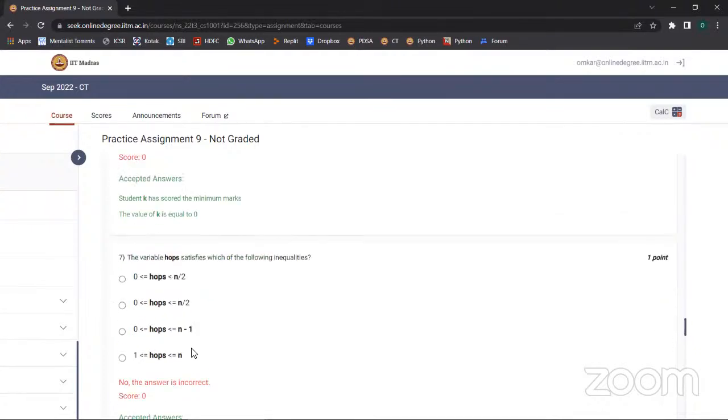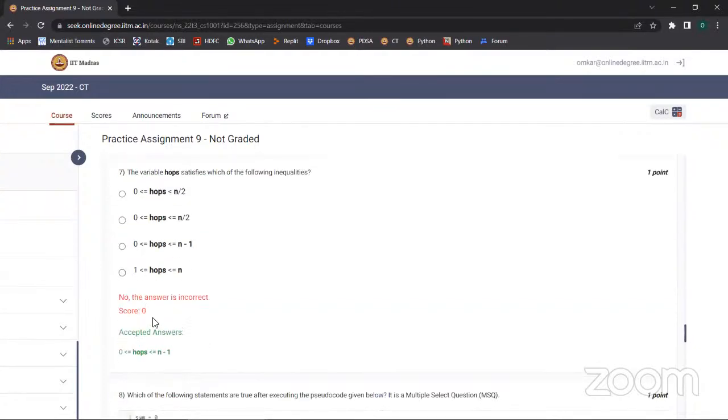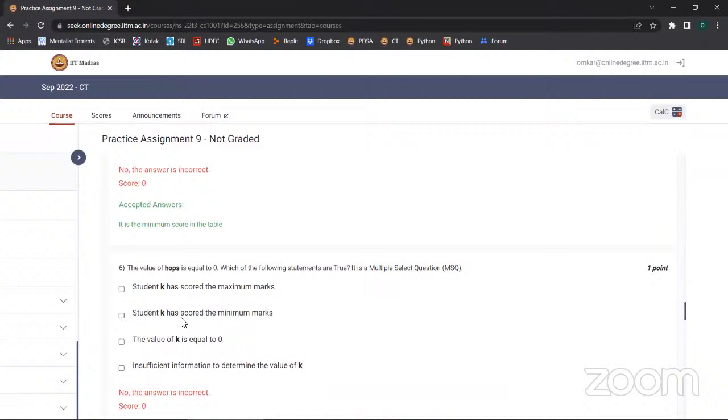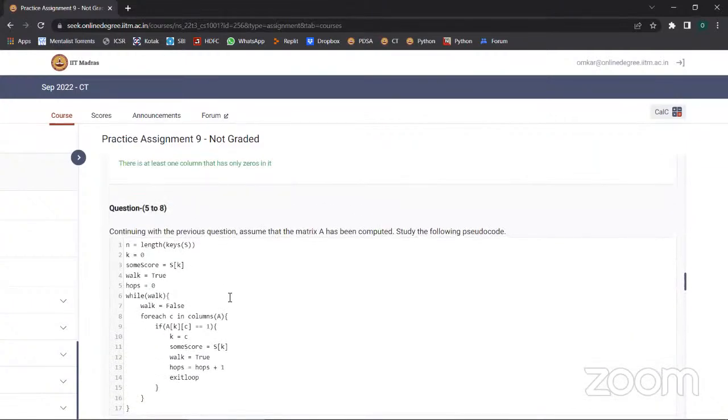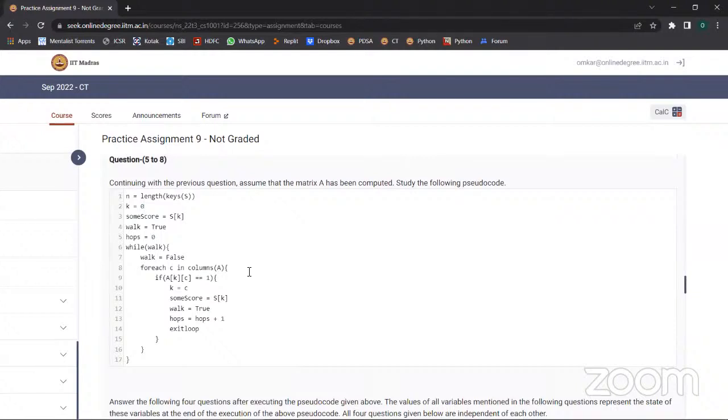We have to find which one of these is right. Have you understood this pseudocode in the first place, because the question is based on this? Can you tell me what is happening in this pseudocode?